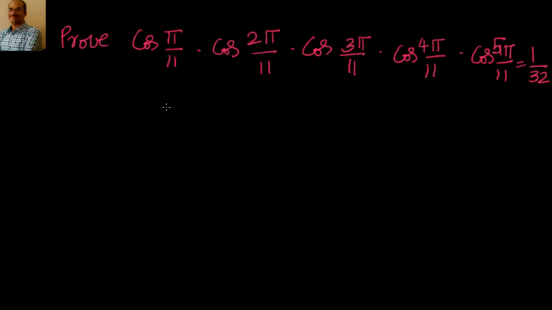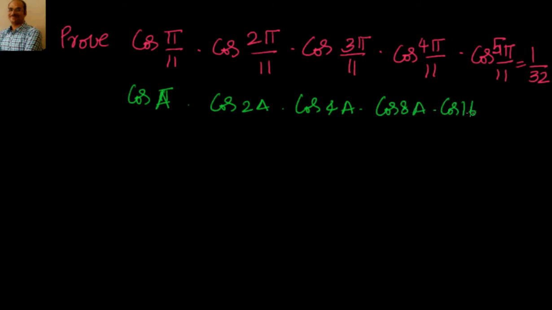Seems to be weird at first instinct, but just now we have proven, if you remember, that cos a, cos 2a, cos 4a, cos 8a, and it's extended by one more, that is cos 16a, is nothing but equal to sin 32a by 32 sin a.